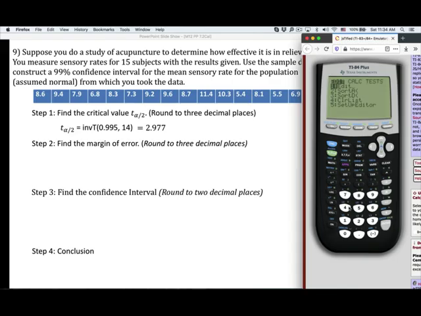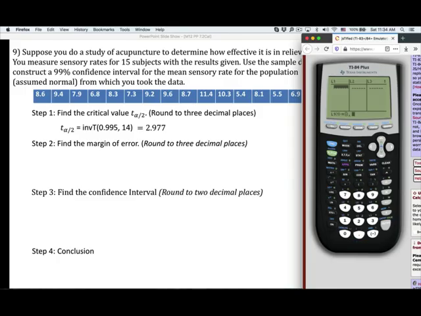I'm gonna go to the stat, number 1 edit. So let me clean up the data here: highlight the L2, click clear, enter. Highlight the L1, click clear, enter. So now I'm gonna plug in this data.